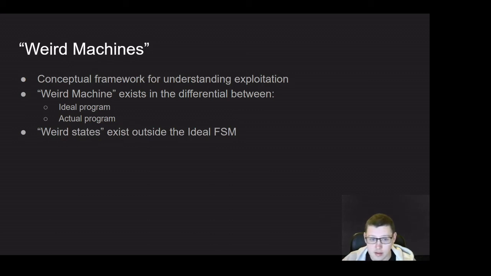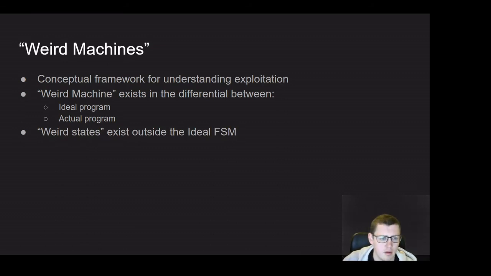If the programmer hasn't been very strict with defining the specification, which is very hard to do, there are probably gaps between the ideal program and what's actually running. So the weird machine exists in those gaps. So there are odd things you can do.